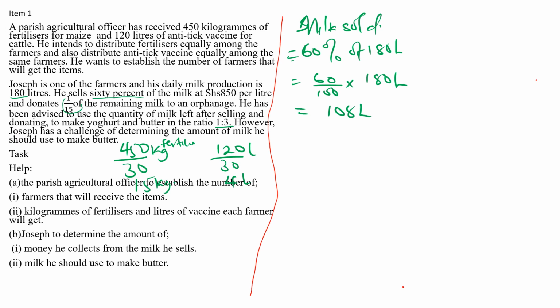Then again here you come and now amount got from 108 liters. 1 liter is equal to 850 shillings.